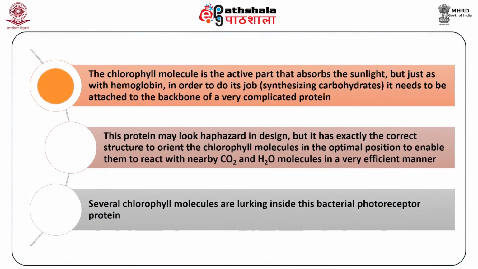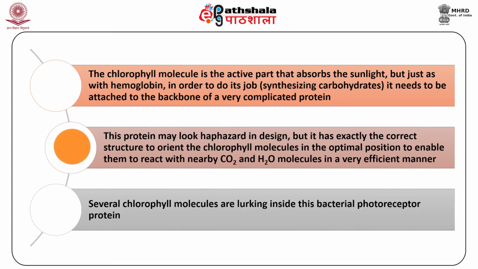The chlorophyll molecule is the active part that absorbs the sunlight, but just as with hemoglobin, in order to do its job, that is synthesizing carbohydrates, it needs to be attached to the backbone of a very complicated protein.